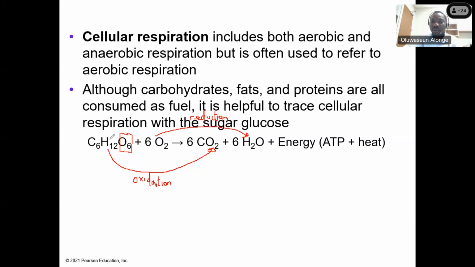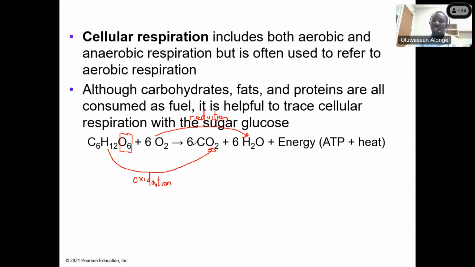Again, here there are 12 hydrogen. But by the time it came to the product side, hydrogen is completely lost. Has this glucose been oxidized or reduced in terms of hydrogen? It has been oxidized because hydrogen has been removed.